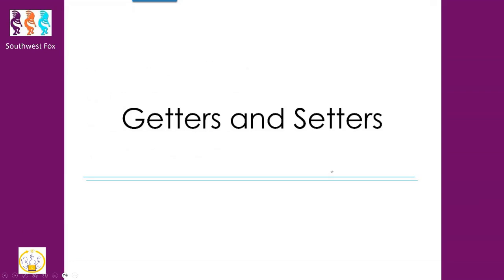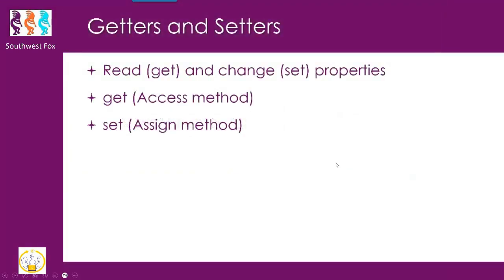So there's also a thing that we can do with our JavaScript classes, like getters and setters. What they do is they read or get properties, return the property value to you, or they can change or set the properties. And I heard it mentioned, I think during Rick's session earlier tonight, that getters and setters are sort of like access and assign.